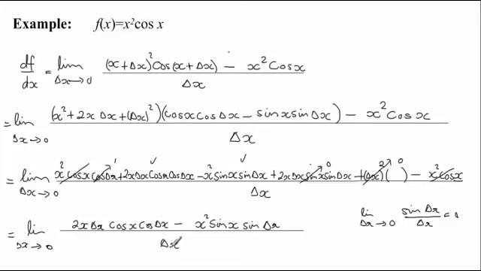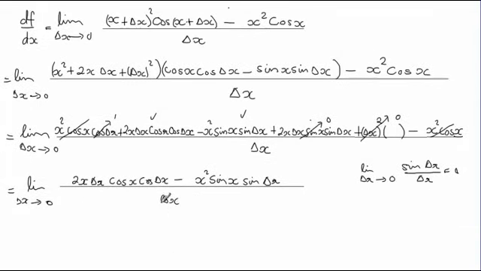So rewriting this in a different way, we would write the following. If we split this, the common denominator here will simplify with that. Then we are looking at the limit as delta x approaches 0.